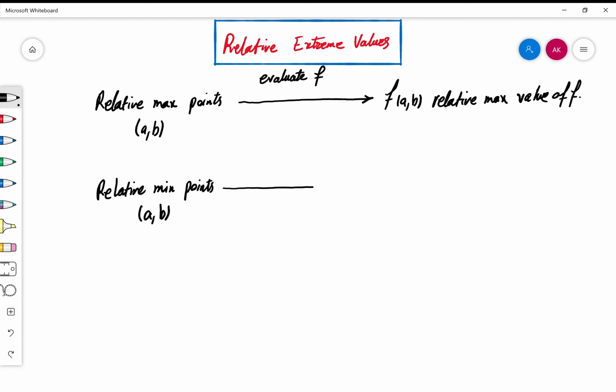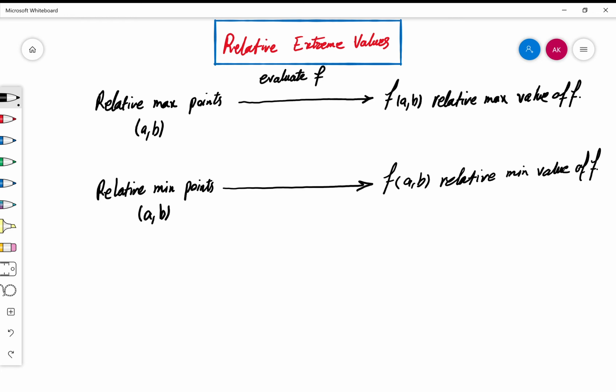And similarly, when you evaluate the function, it's a number, not a pair of numbers. f at (a, b) is called relative min value of f.